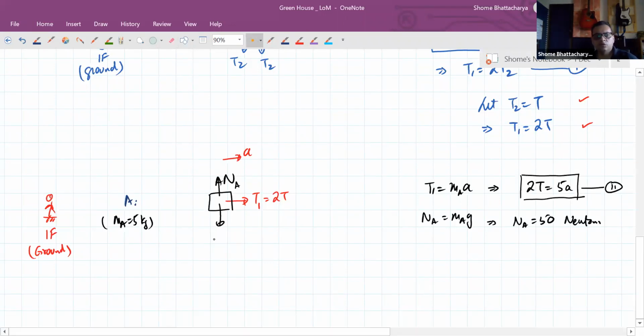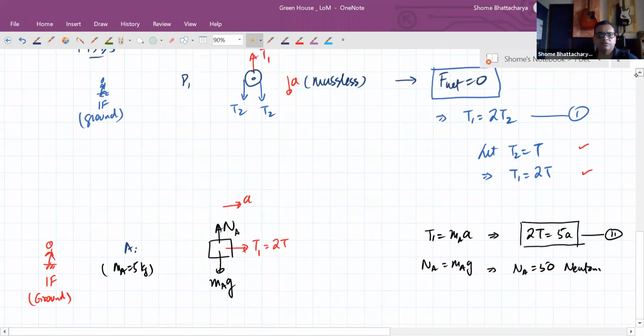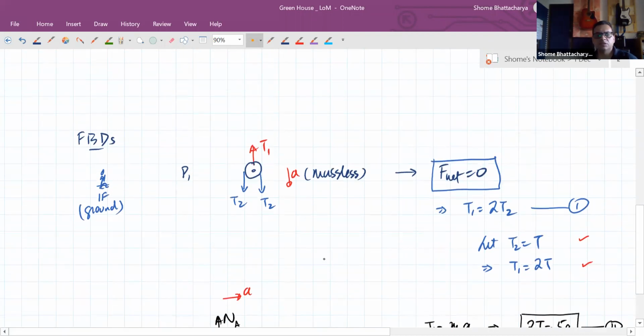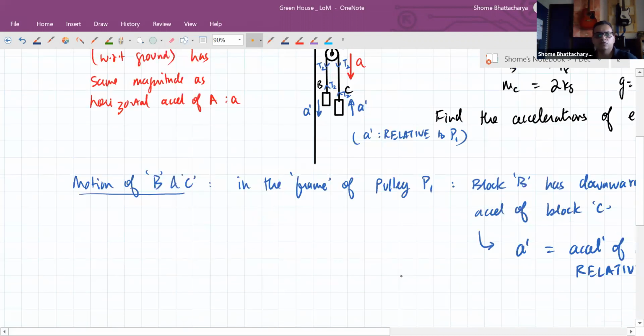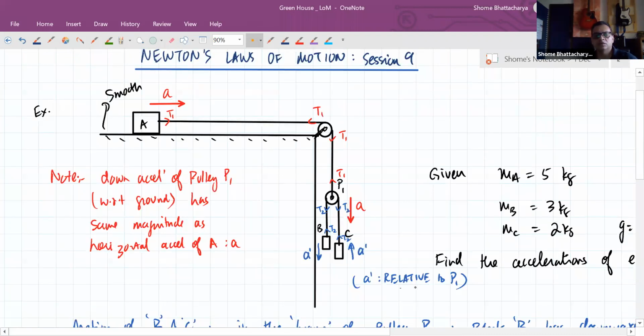Now next we will move on to the free body diagrams of B and C. But remember, the acceleration of B and C, the A prime that we've written, is in what frame? It is in the frame of pulley P1. So the downward A prime of B and the upward A prime of C are relative to P1, and P1 is a non-inertial frame because it's moving down.